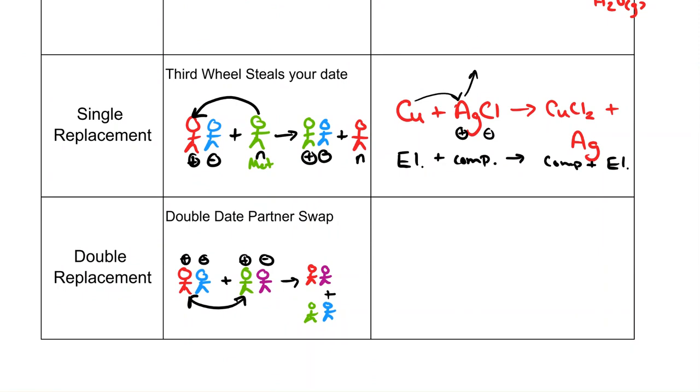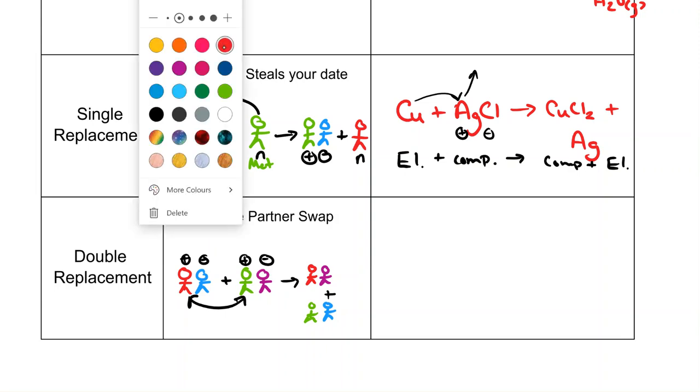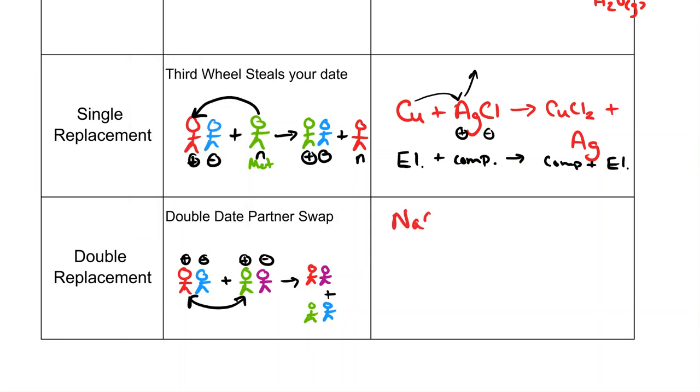And an example of this is like, okay, let's try it out. So we've got sodium chloride reacting with silver nitrate, and they react together. The sodium is the positive ion and the silver is the positive ion.